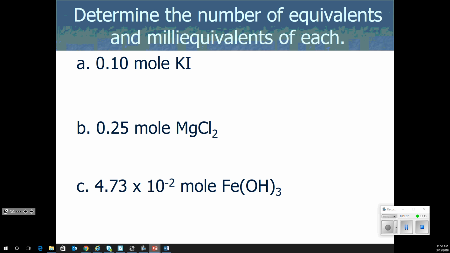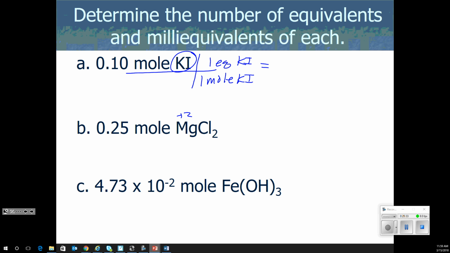So what I would do is look at the charges here. Plus 1, minus 1, right? So for each of these moles, in 1 mole of KI, there is 1 equivalent of KI. Done. 0.1 equivalent. Okay, what about the next one?